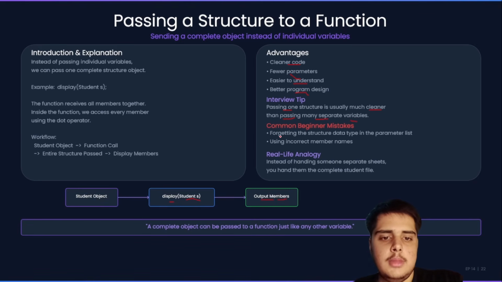A common beginner mistake is forgetting the structured data type in the parameter list, or using incorrect member names. Instead of handing someone separate sheets, you hand them the complete student file. A complete object can be passed to a function just like any other variable.